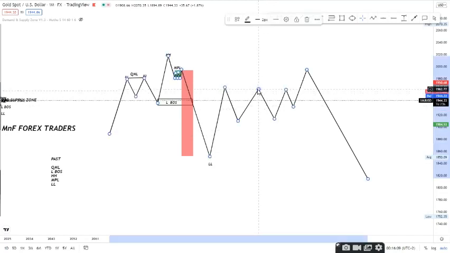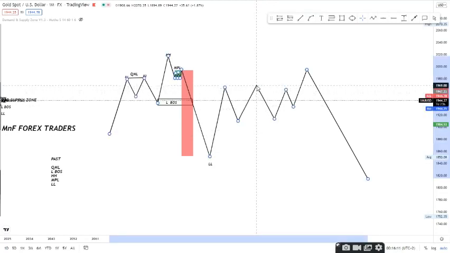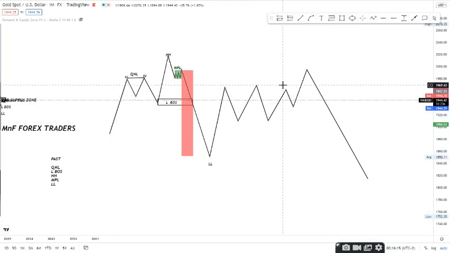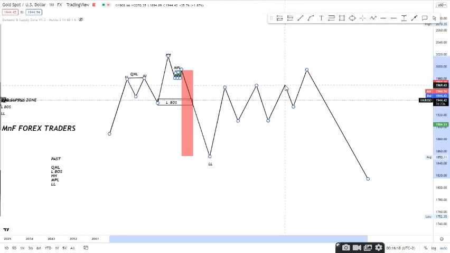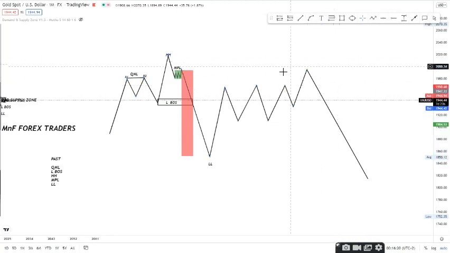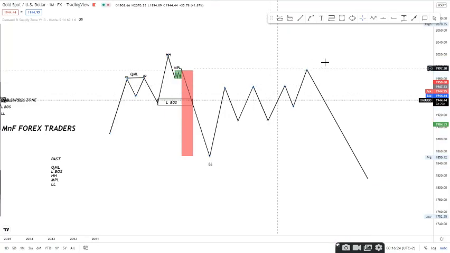The market will come to you in different ways, but what you want to concentrate on, like we've been doing most of the time, is to find a fake out. A fake out is just the way the market tries to trick retail traders into doing one thing while doing the other.